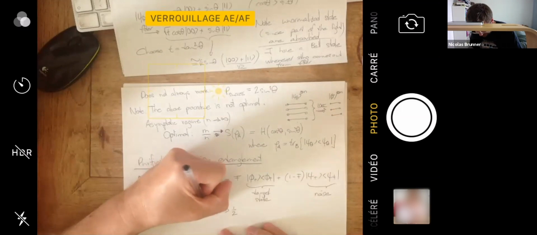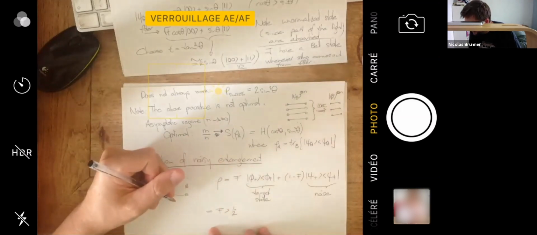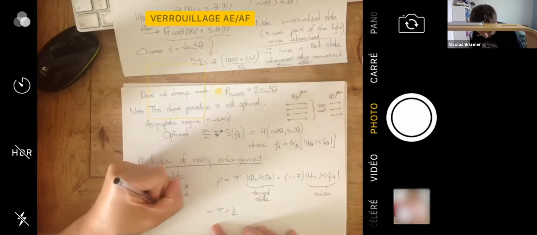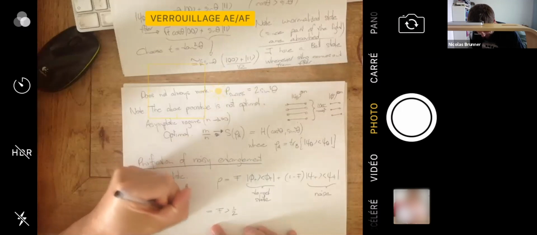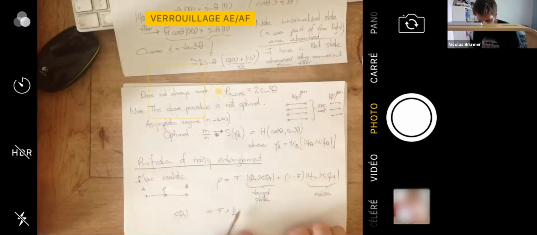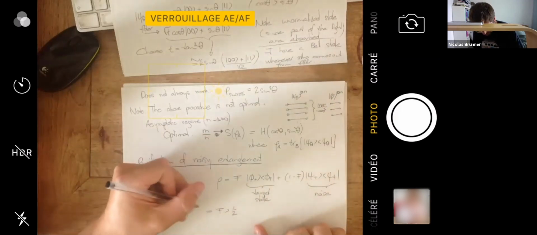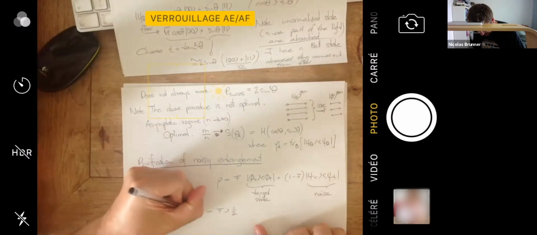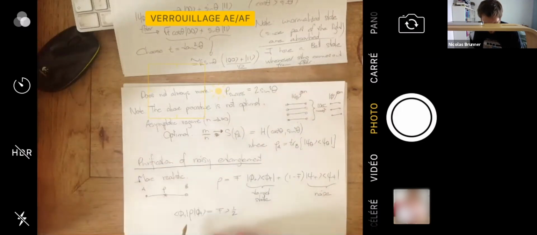In fact, I didn't define what f is. Here, f is just a mixing parameter. f and 1 minus f define a probability distribution. But I can also understand f as the overlap of my state rho with the perfect state.